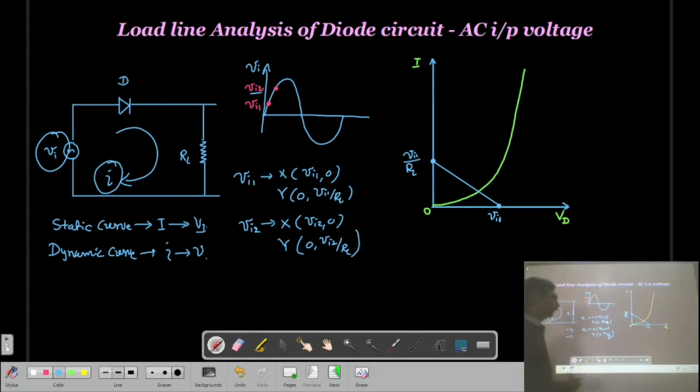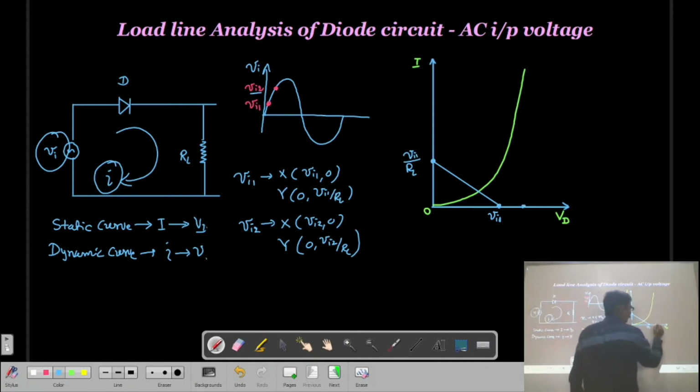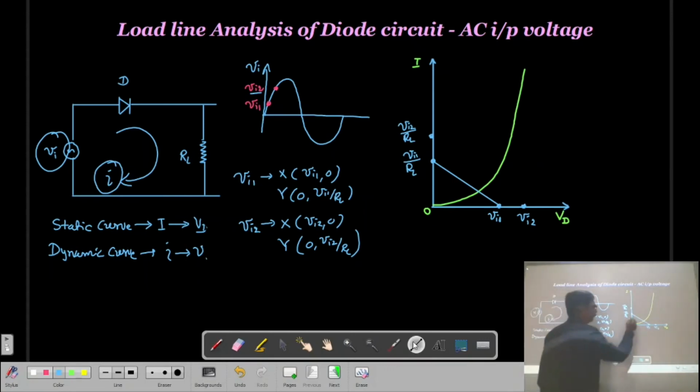Correct? So here let us have Vi2, and this will be here, that is Vi2 by Rn. And then we join this line.